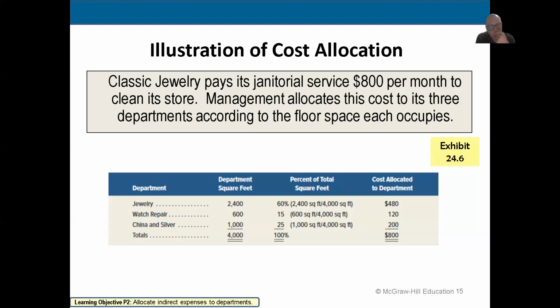Now what I do is I take the $800 and multiply that by the percentage.